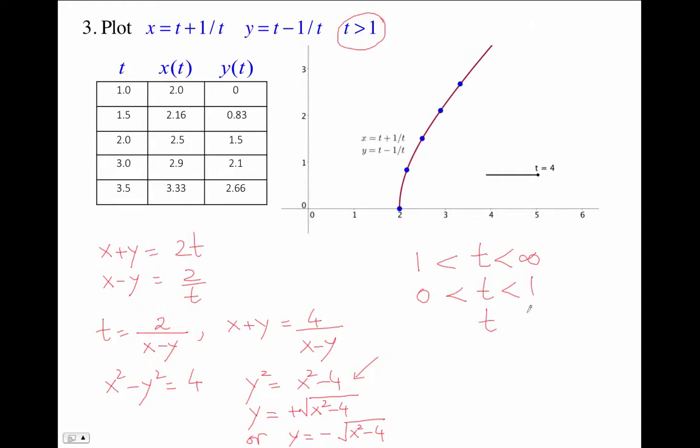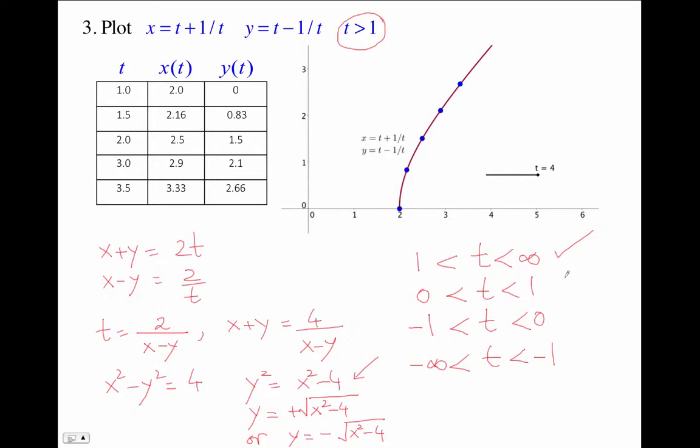Then t can be negative but greater than -1. And finally, t can be less than -1 and greater than -infinity. So there are these 4 regions of which we have plotted only this region over here.